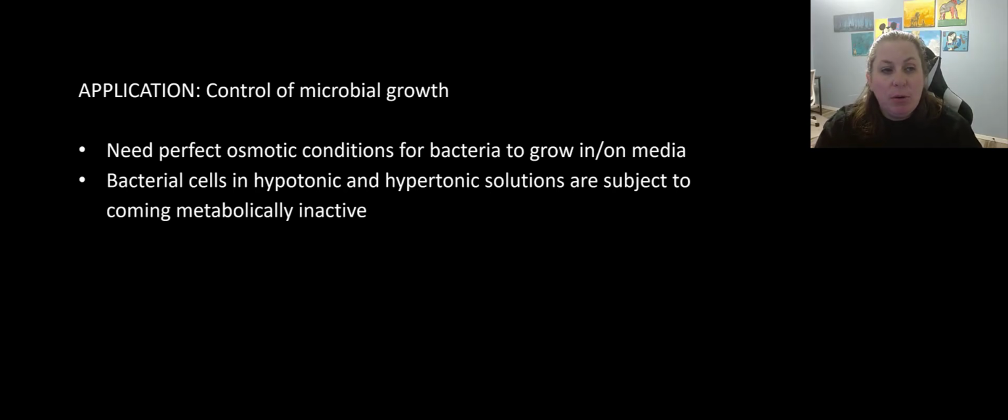They need perfect osmotic conditions for bacteria to grow on the media. So if we want to grow it in the lab, we have to make sure that it's growing well and has the right conditions. Bacterial cells in a hypotonic or hypertonic solution are subject to becoming metabolically inactive, which can create a problem. All right, and so this can control the amount of growth.